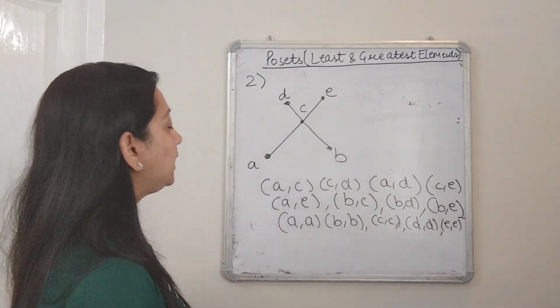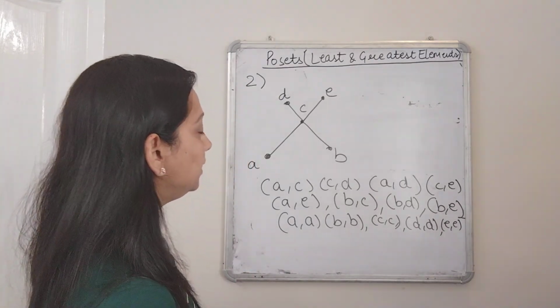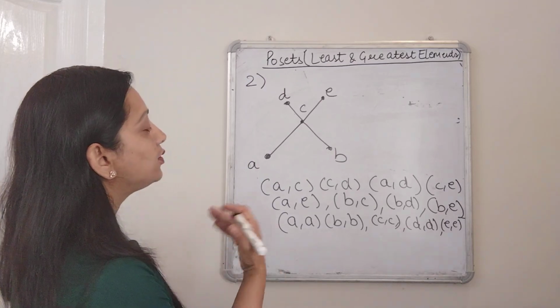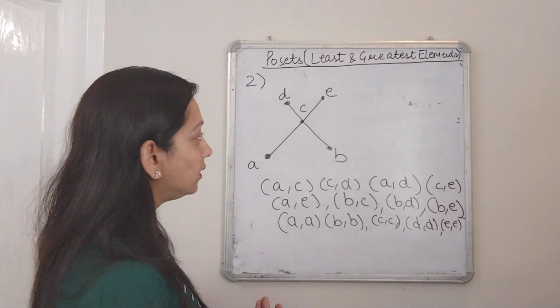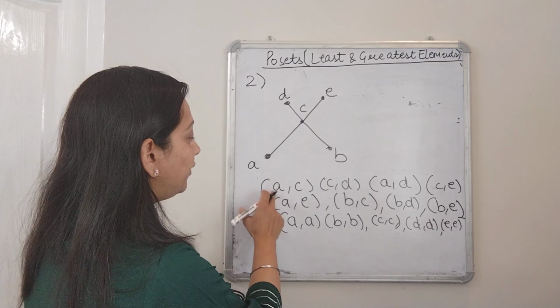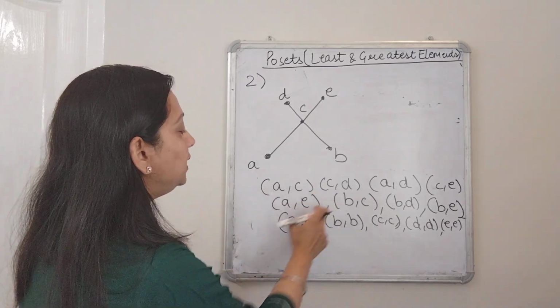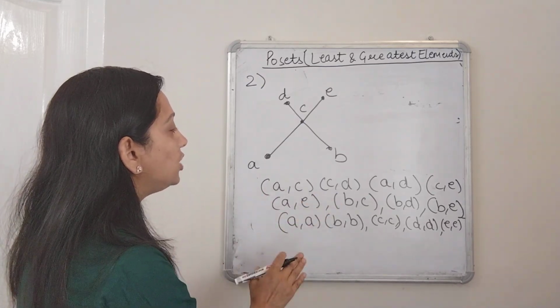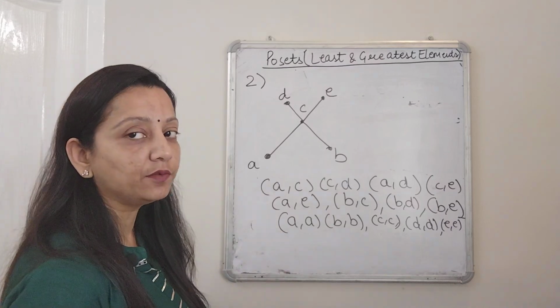Now, I cannot find any element which is related to every element in this set. Whether you take A, B, C, D or E, there is no element which is connected to every element of the set.